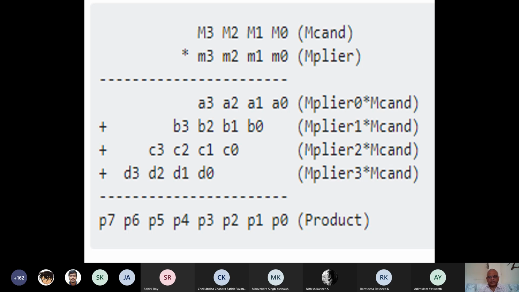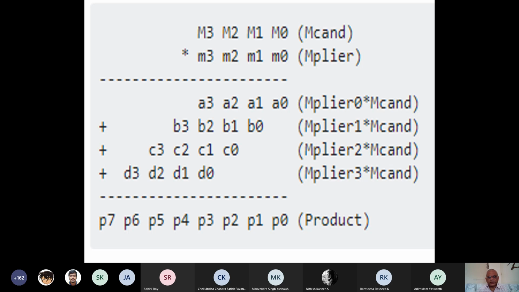See here, this is the multiplicand, capital M0, M1, M2, M3. And the multiplier is small m0, m1, m2, m3. Now, for the product, the least significant bit of the product is only A0.